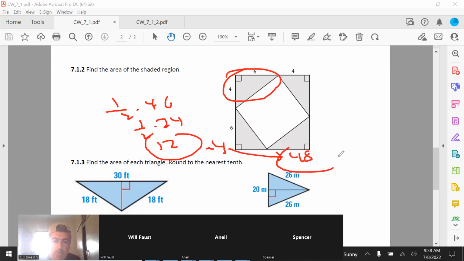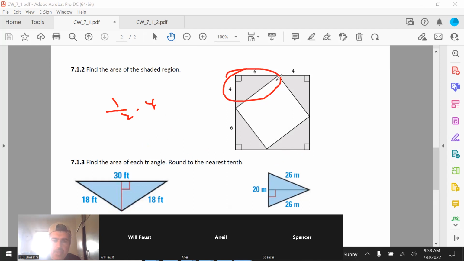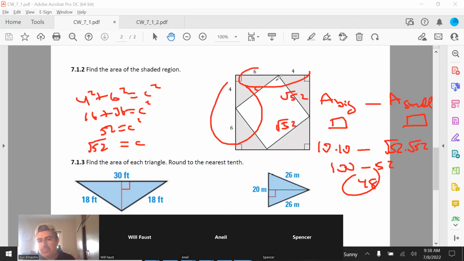You get 48. So that works also, because you have 4 triangles. So it's up to you, whatever you prefer. Obviously, the way I just did, I didn't have to use Pythagorean theorem. I just found the area of each triangle. So it's your call.